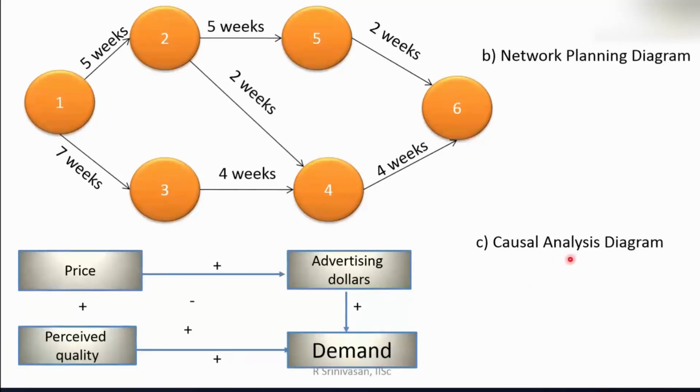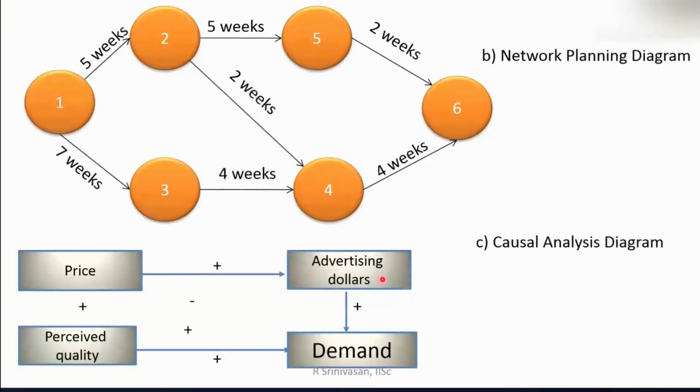The other one is called the causal analysis diagram. Here you are looking at the pricing of the product and the perceived quality of the product. Normally, when the price of the product increases, the consumer assumes that the perceived quality, that is the quality of the product, should also be high. The company might make use of advertising, that is, spend more dollars or more rupees on advertising.